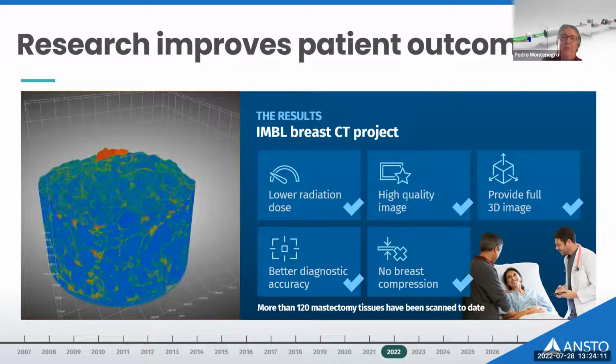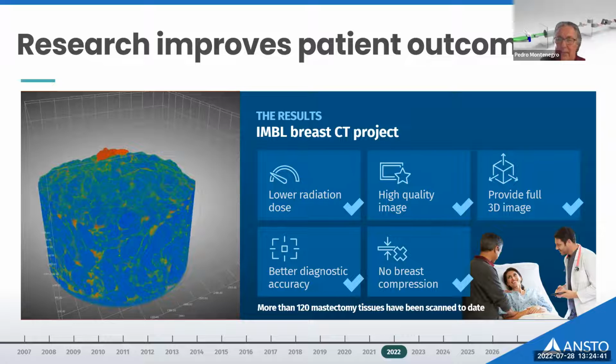Looking at the overview of what has come out of probably about five years of working with mastectomy tissues: we have been able to develop the way that we do low radiation dose images on the beamline. We have improved the image quality by working with CSIRO. We have perfected the way we can reconstruct the images in 3D and do all the tiling.